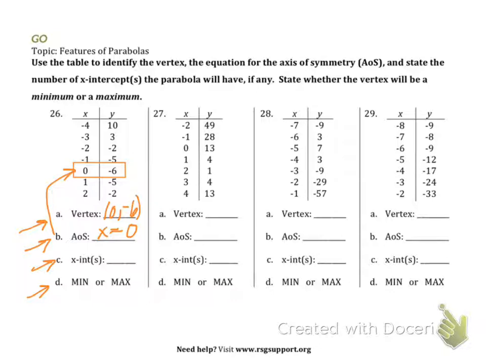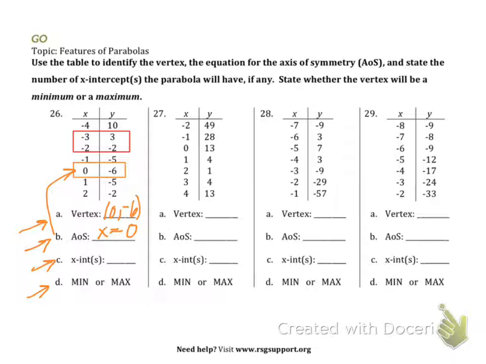For the x-intercepts, I want to try to see how many times this is going to cross that x-axis. Well, it crosses it once here, going from -3 to -2, because it goes from +3 down to -2.